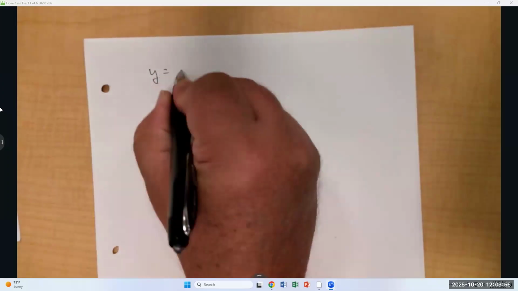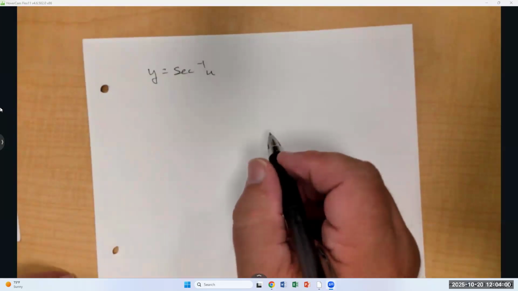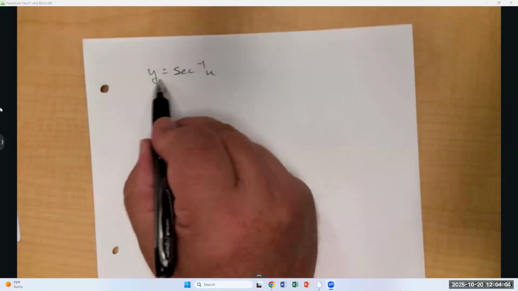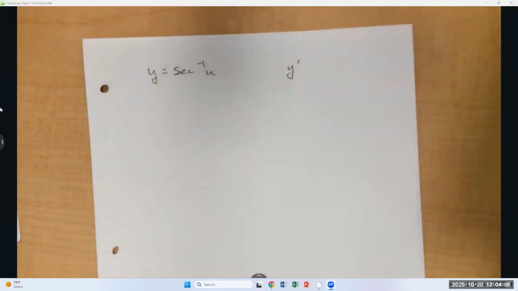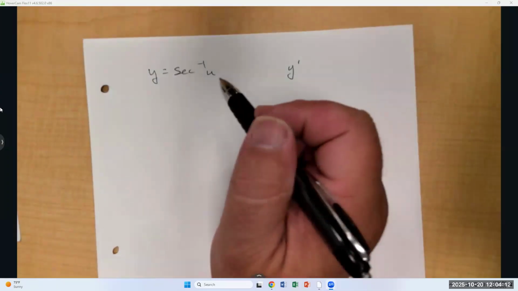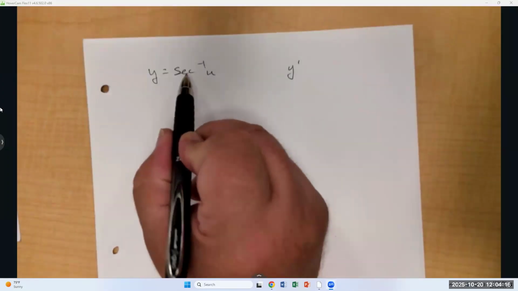How about the secant? So if y equals inverse secant of x, we'll find the derivative of this function. So what do we know?